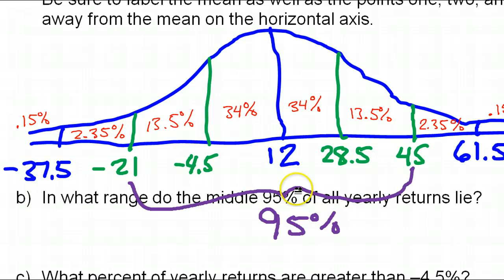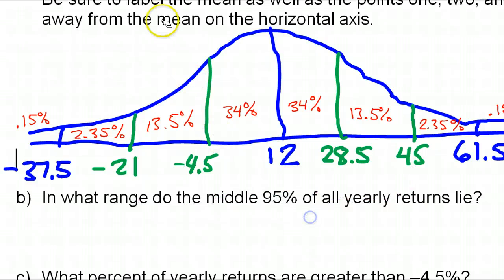Okay, so 1 standard deviation, that's 68% of the data. 2 standard deviations, that's 95% of the data. And 1 more, if I go 3 standard deviations in both directions. So please understand, if I go 1, 2, 3 standard deviations to the left, and 1, 2, 3 standard deviations to the right, that's almost the whole graph. All right, it's everything except for these little pieces on the ends.